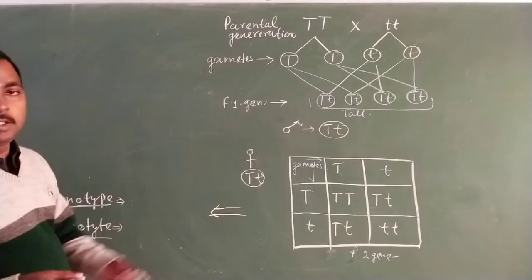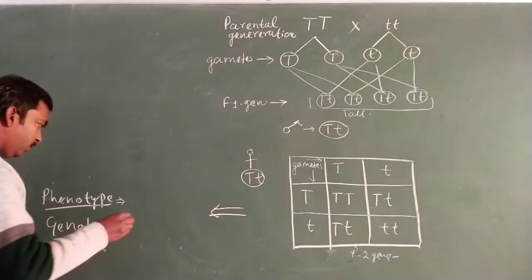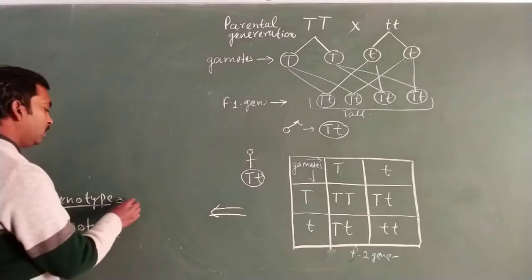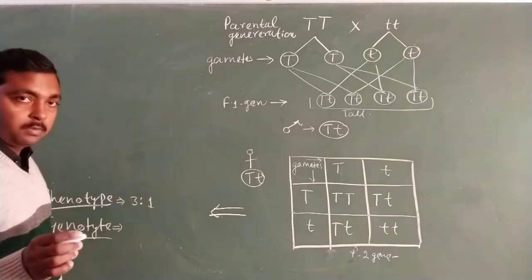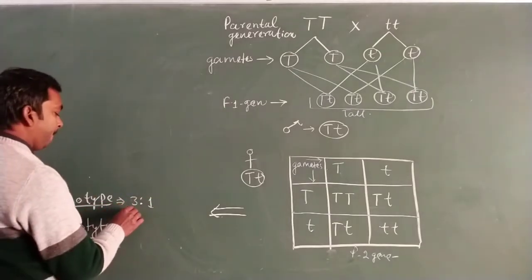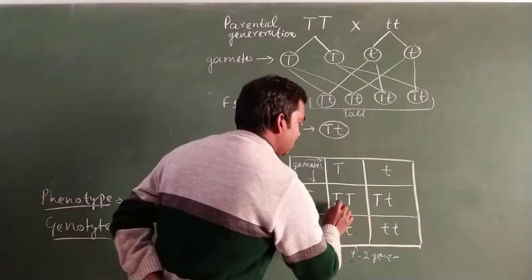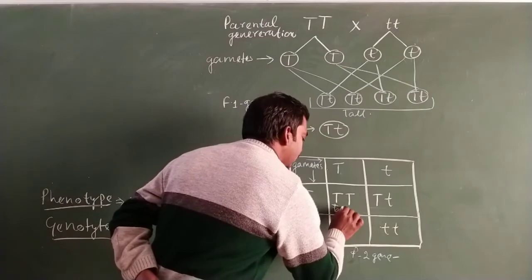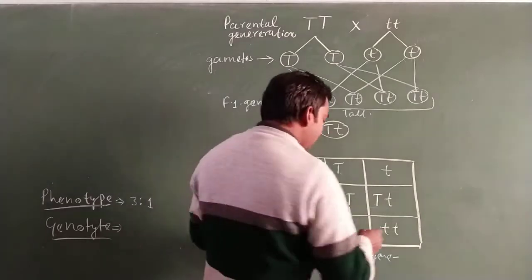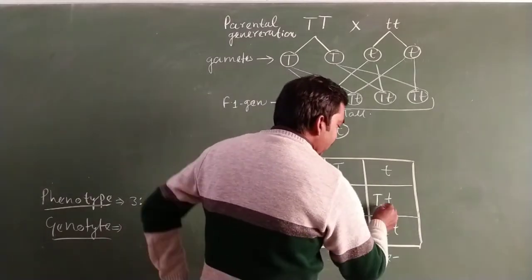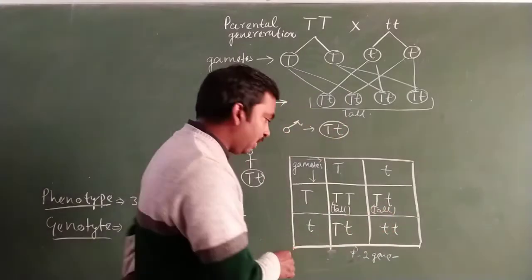So in the F2 generation of the monohybrid cross, the phenotype will be 3:1, because three products are responsible for tallness, meaning here is a gene that shows tall features, and this gene is also responsible for tallness.